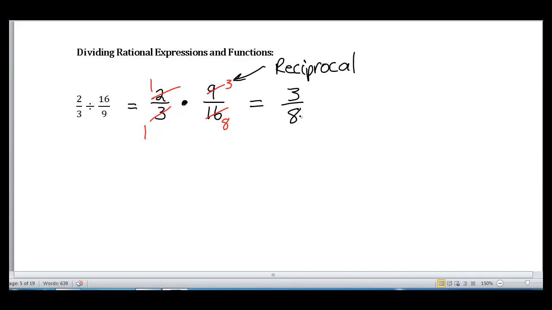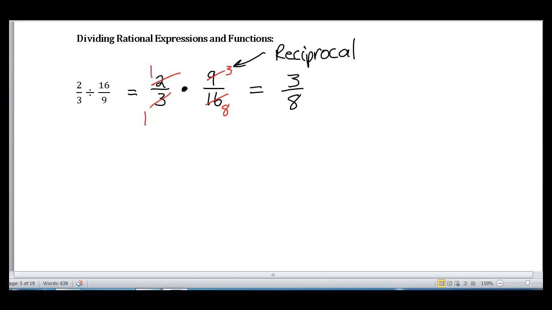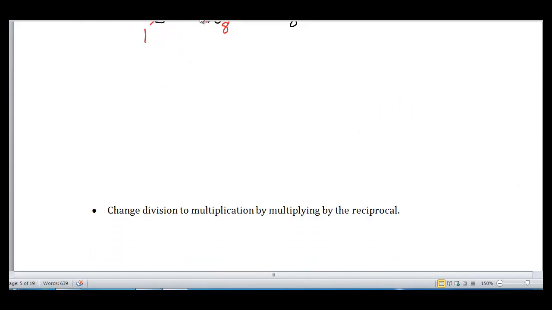Okay, so there's only one extra step with division that's different from multiplication, and it's that very first step. And that step is to change division to multiplication by multiplying by the reciprocal. Okay, and so this is what we're going to use here in order to help us do these division problems. Let's look at a couple of examples.